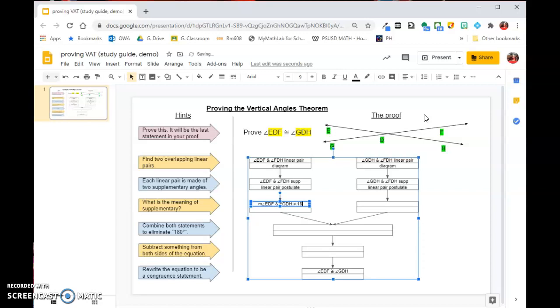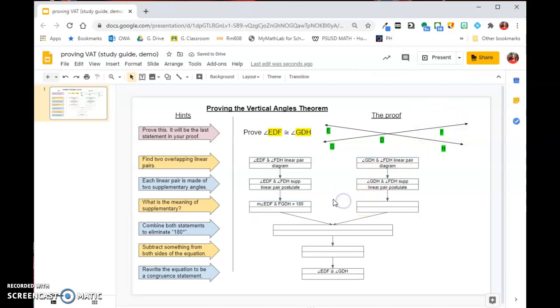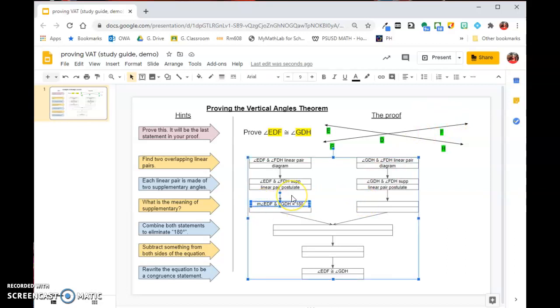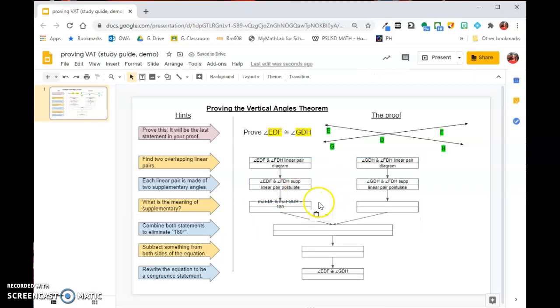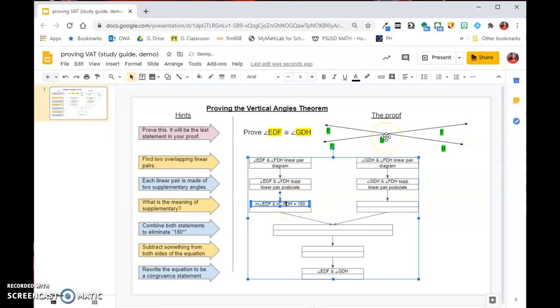I don't know if I have room. We'll figure it out. All right, so am I missing my angle sign? I am, and I'm missing my M. I should be able to copy both of those and paste those there. Okay, and it wrapped. I'll deal with that.